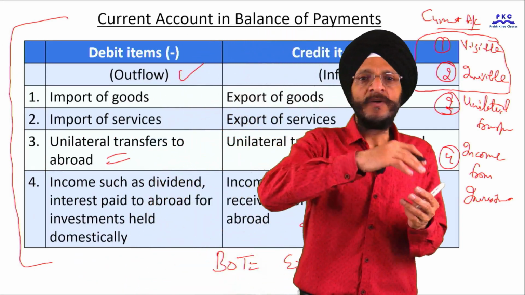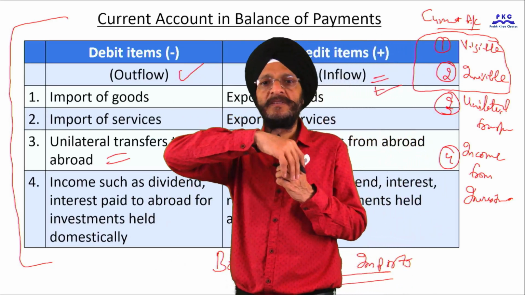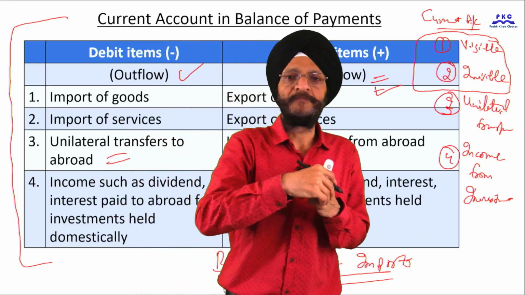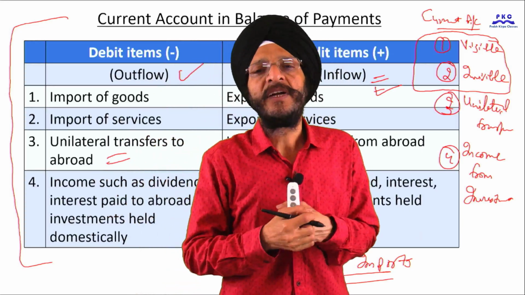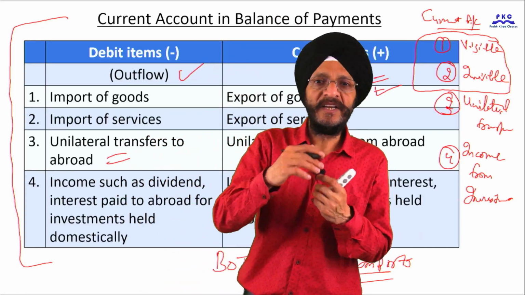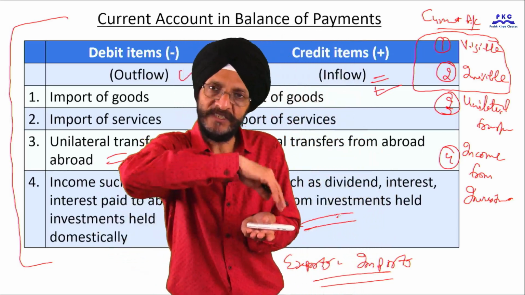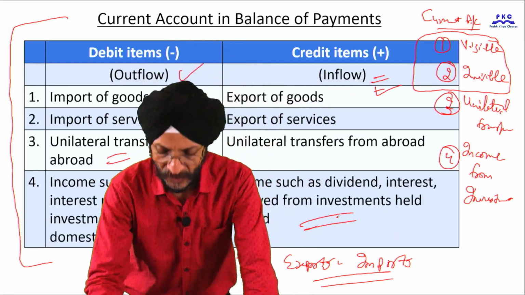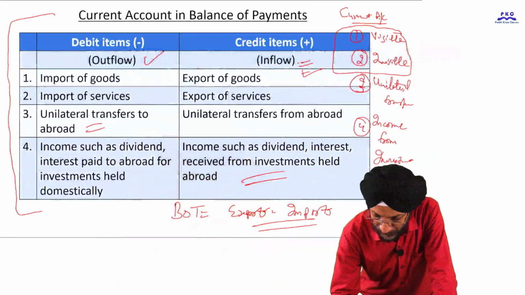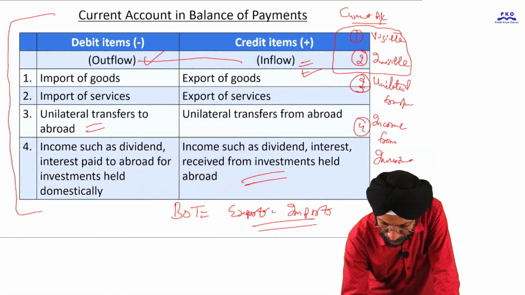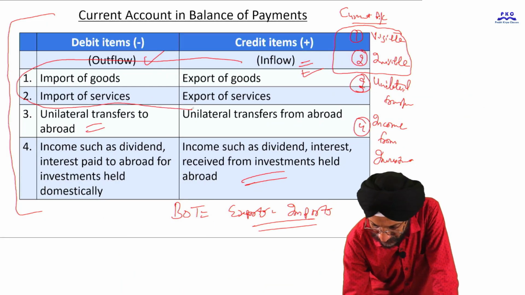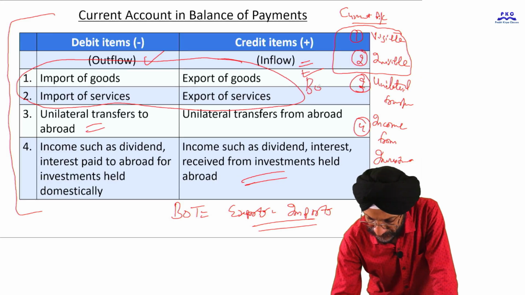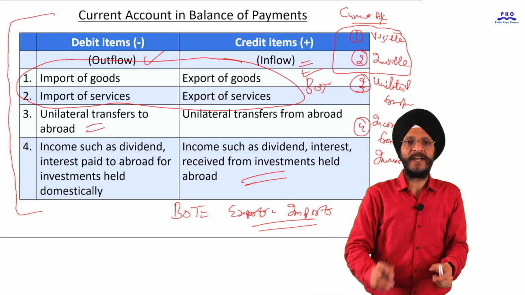And if we make payments, or the foreigners receive payments for their investments in the shape of interest, dividend, profit, then it is recorded on debit side because there is outflow. So this whole is current account. And balance of trade is only concerned with these two items, the difference between exports and imports.